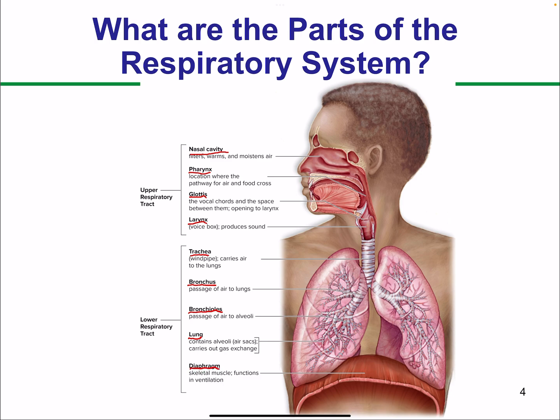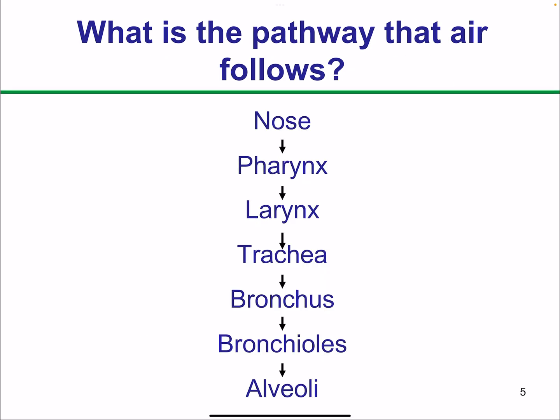We are going to dive into each of the organs and their functions. Even though on the slide you can see the functions of the different organs, we're still going to talk about that a little later. Now, when we breathe air in, air goes through the nose, then it goes into the pharynx.